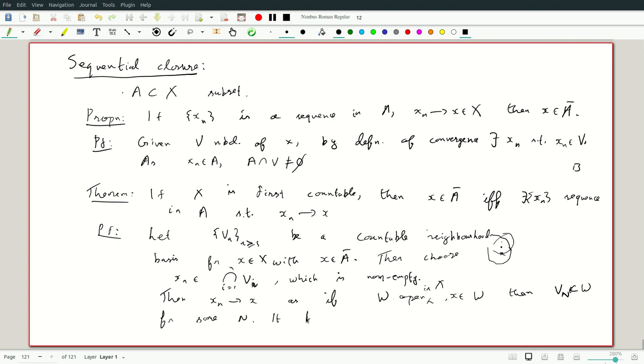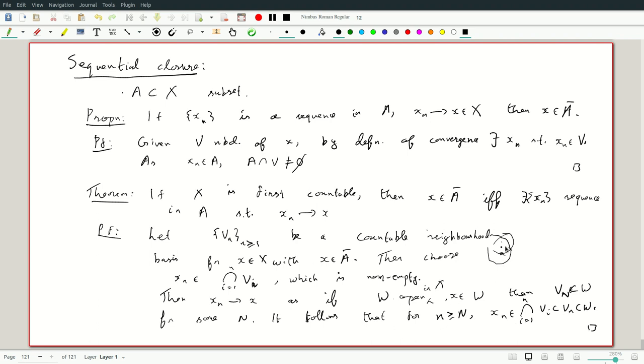It follows that for n greater than or equal to capital N, Xn is in the intersection, i equals 1 to n, of Vi. Well, this is contained in VN and is contained in W. So if we are given any open neighborhood W of x, for n large enough, Xn is contained in this, hence Xn converges to x.